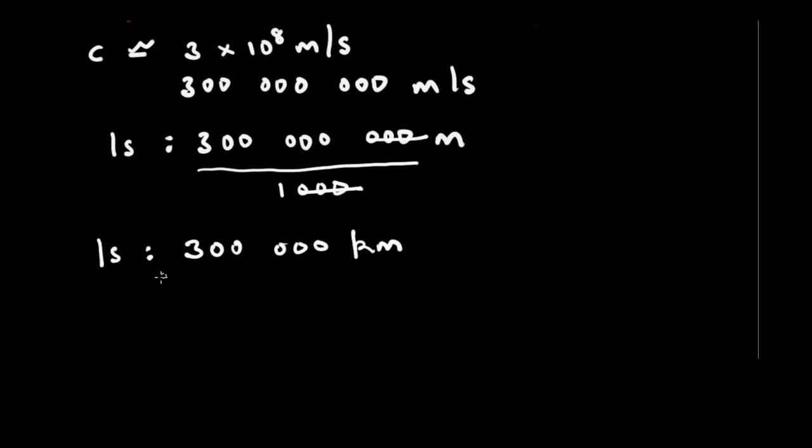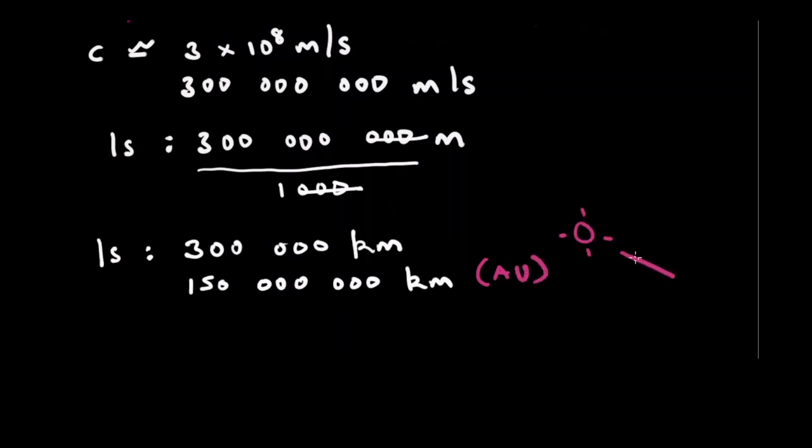We now need to find out how many seconds does light take to travel a distance of 150 million kilometers. And you should remember, this is the astronomical unit, which is the distance between the sun and our dear earth.